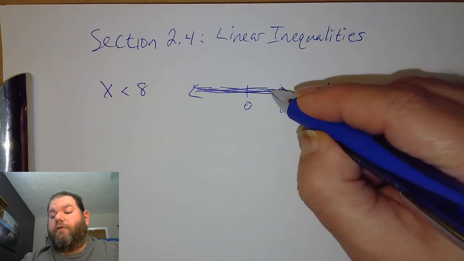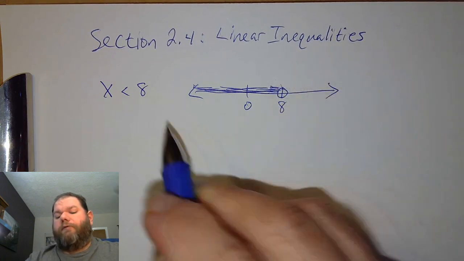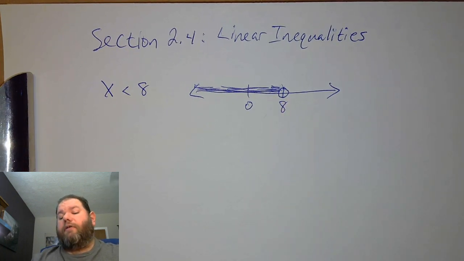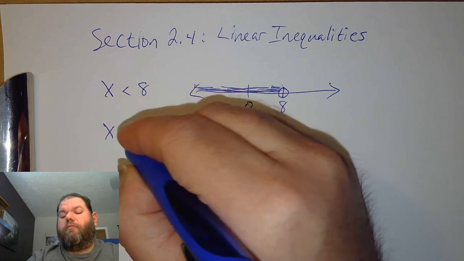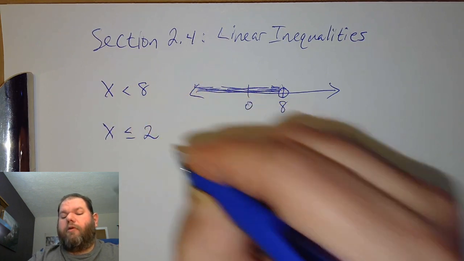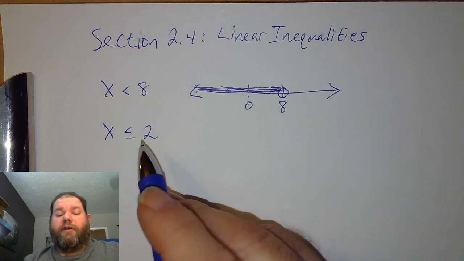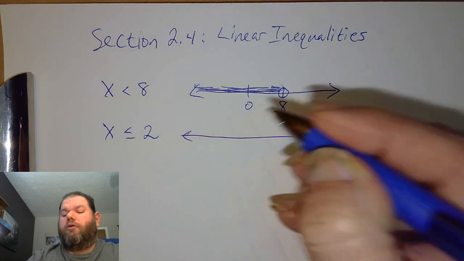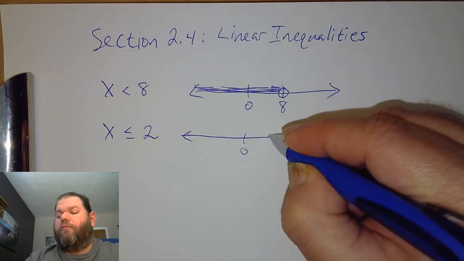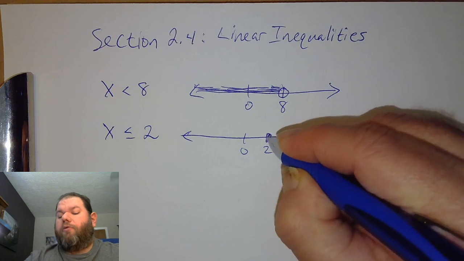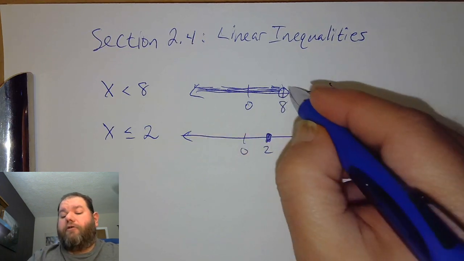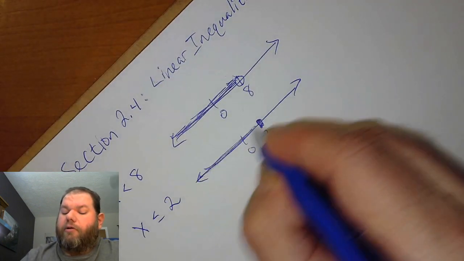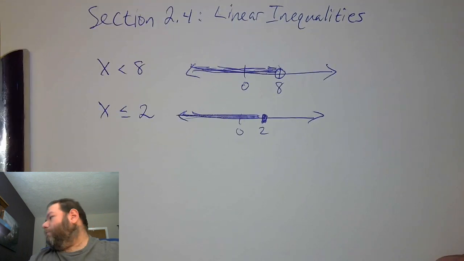And then we'll leave an open circle where 8 is, because whenever we say less than 8, it means everything less than 8, but not including 8 itself. Now we contrast that in the situation where we say x is less than or equal to 2. We'll go ahead and put a solid dot at 2 rather than an open circle. We'll still shade everything to the left.